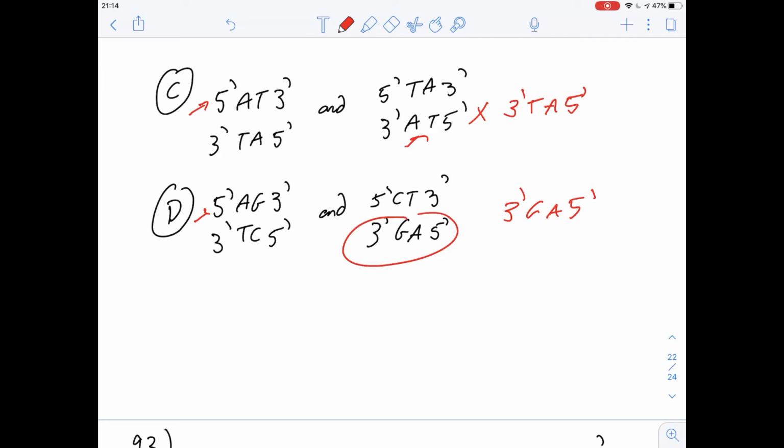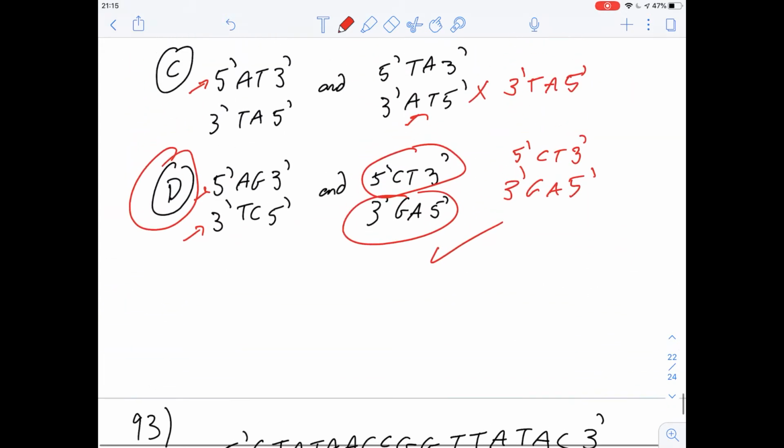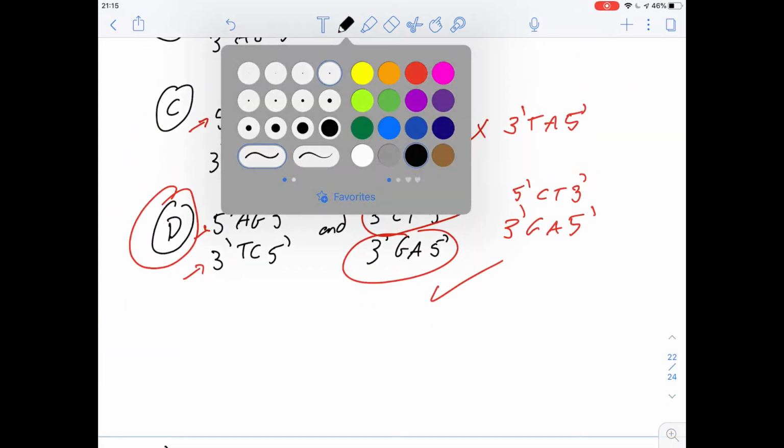We want 5', A, G, 3', which we can see here. Great. Just to check, we'll check another one. If one half is correct, the other has to be because they're mirror images of each other. We want 3' up here, T, C, 5', which is what we've got. So the answer for this one is D.